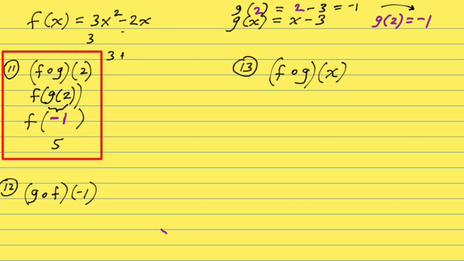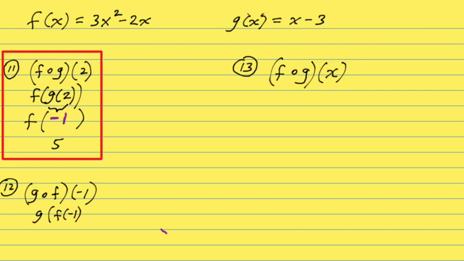Make a little bit of room here. Okay, now we're asking for something a little bit different. I want g of f of -1. Do we know what f of -1 is?